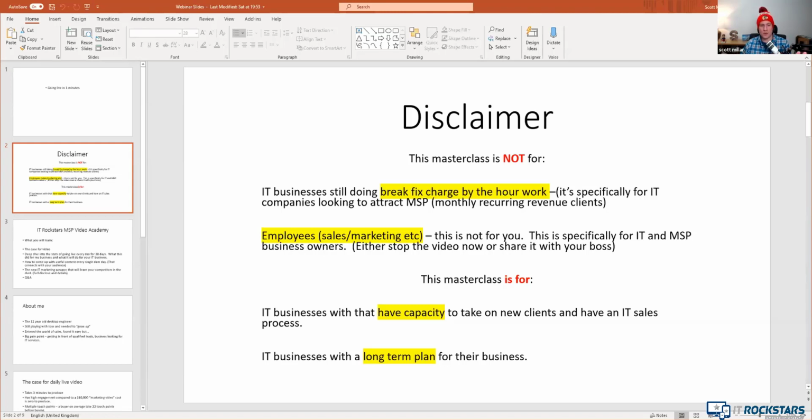So with that out of the way, the next point in this disclaimer, employees, this isn't for you. This is specifically for IT business owners that run a technology business, a managed service provider business, that type of company. If you are an employee, so if you're in the sales role or the marketing role, whilst you might find some value in what I'm going to show you here, sadly, this will not work for you.